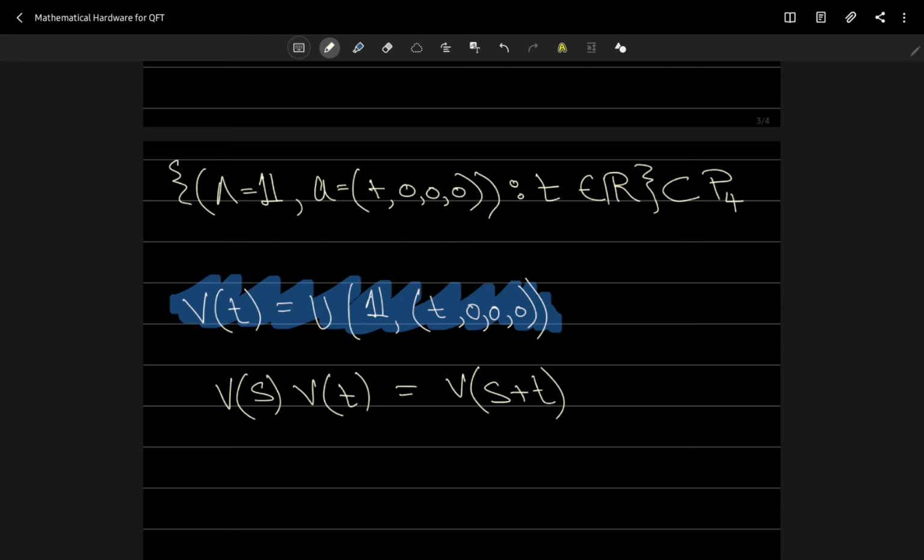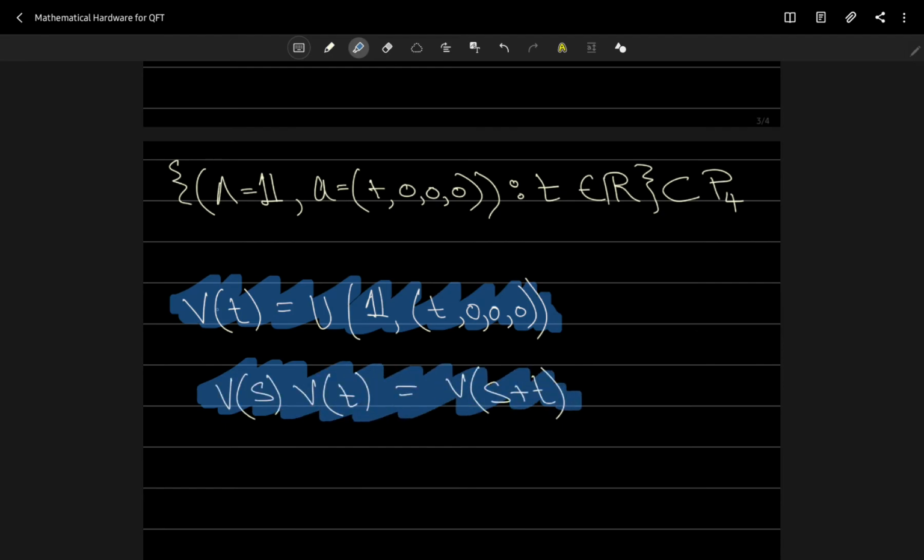And this unitary transformation, or the unitary representation, is called a propagator in quantum field theory. And we will talk more about the propagator in quantum field theory in later lectures.